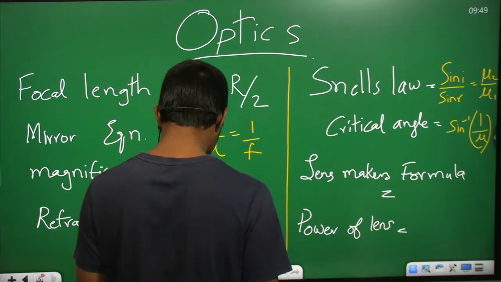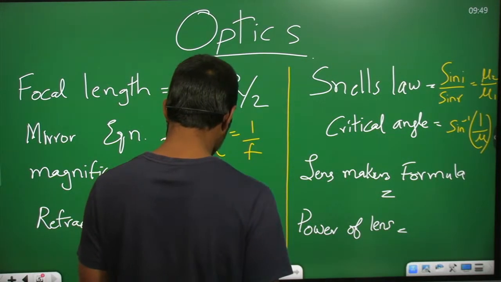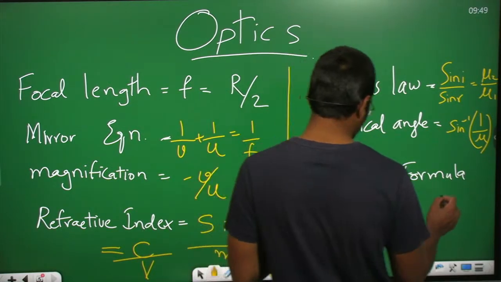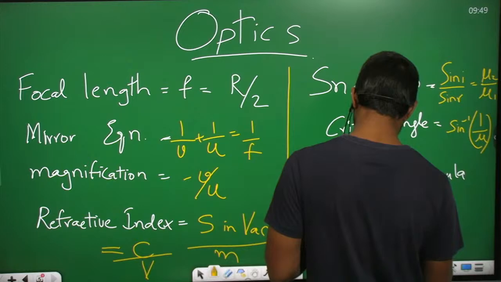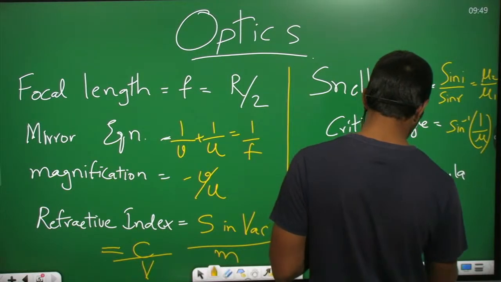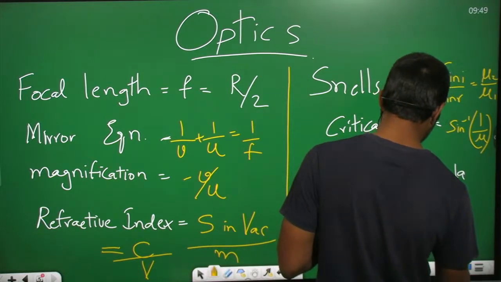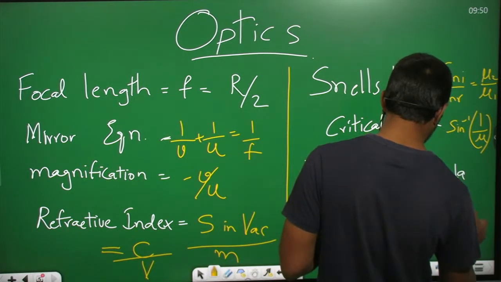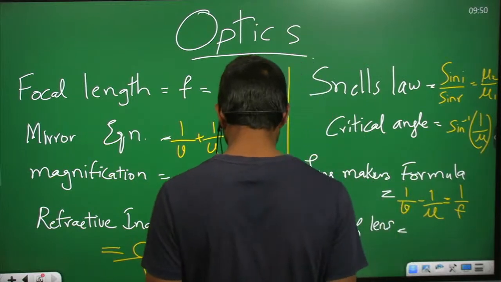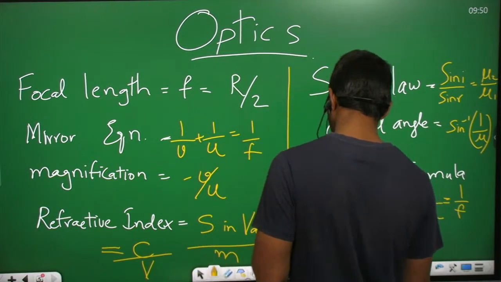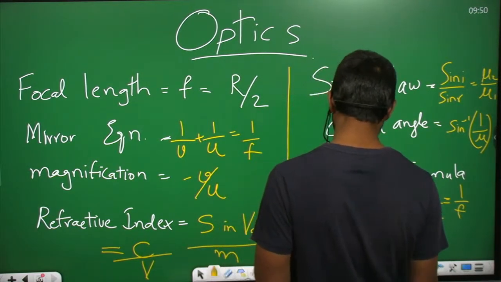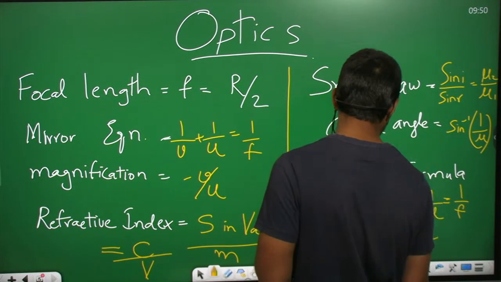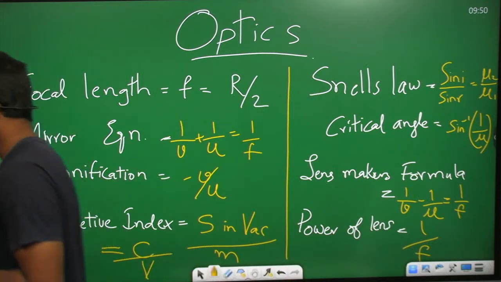What is the lens maker's formula? 1 by f equals mu minus 1 into 1 by r1 minus 1 by r2. What is the power of lens in diopter? 1 by f, or 100 by f. So these are the basic fundamental formulas.